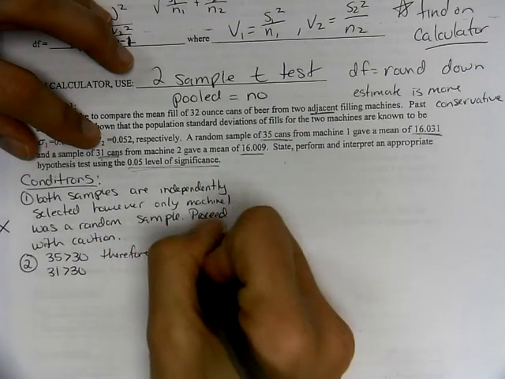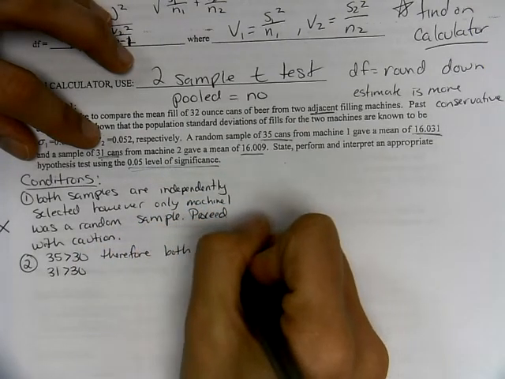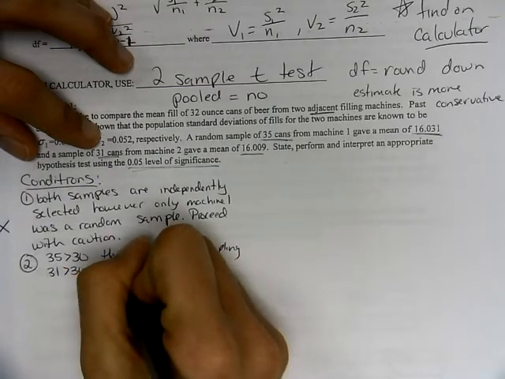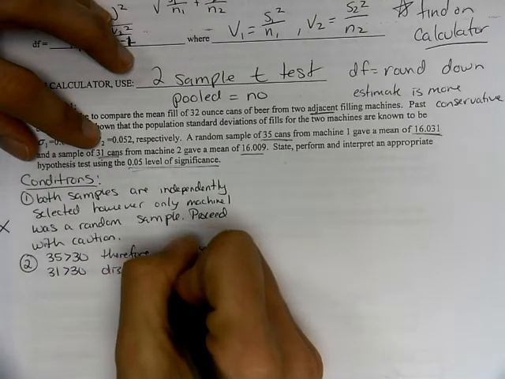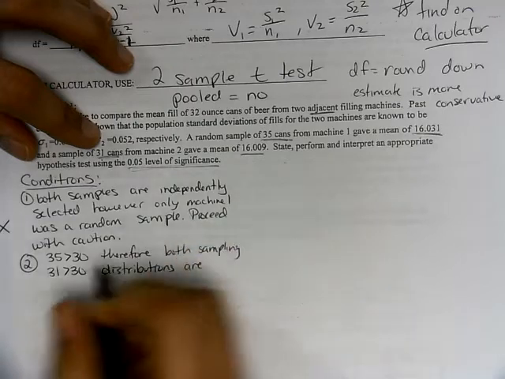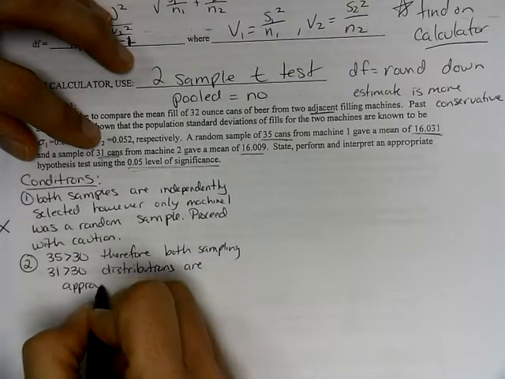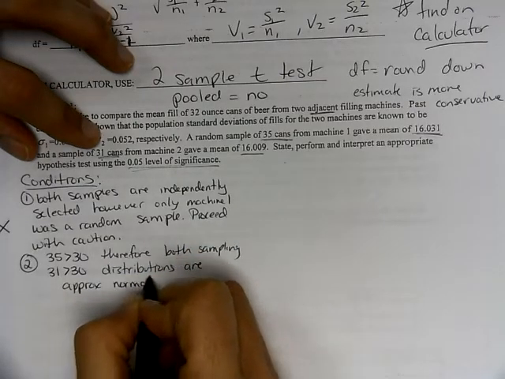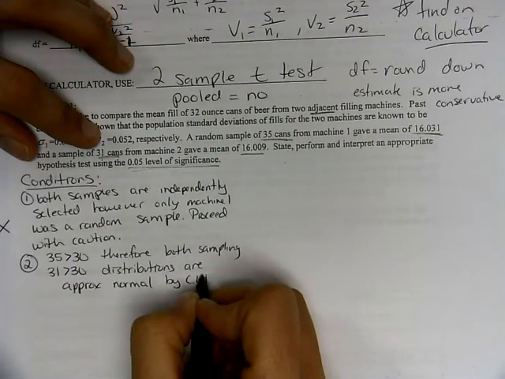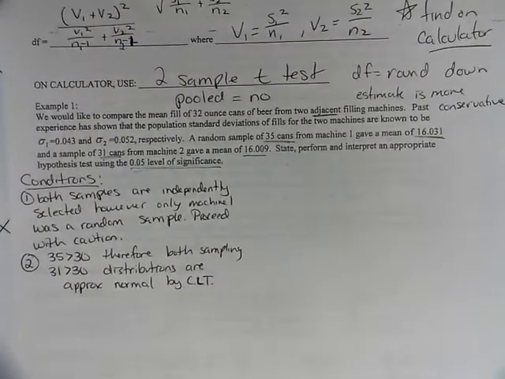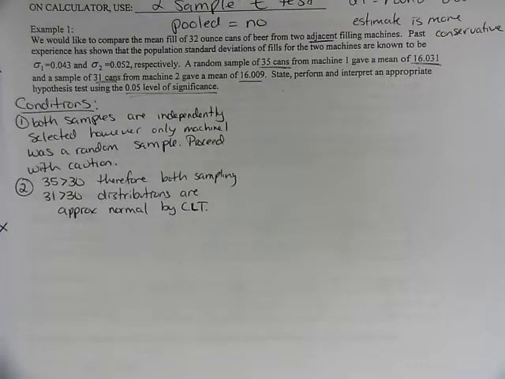Therefore, both sampling distributions are approximately normal by the central limit theorem. So all we're adding is both in condition 2.